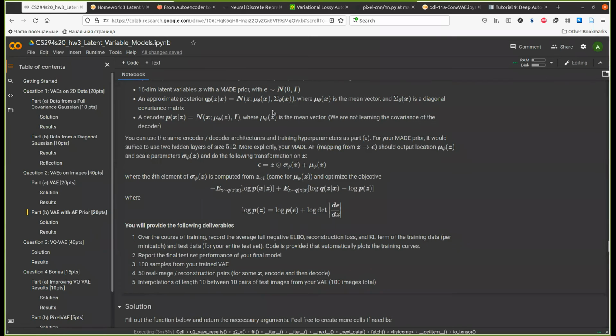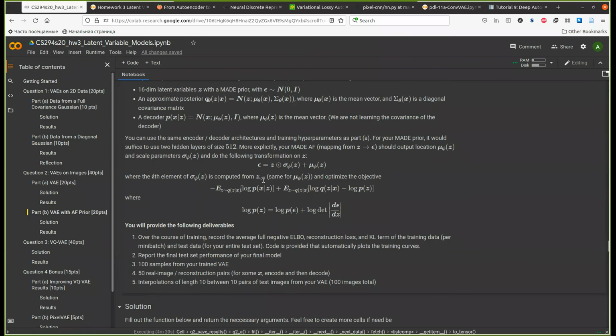So precisely, we will have the same kind of encoder and decoder, and the encoder will output, again, the variances and means of some distribution, and then we will feed that latent variable to the autoregressive flow model, and we will map it to the normally distributed variable epsilon here, right?